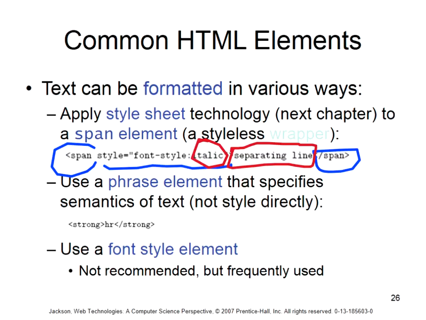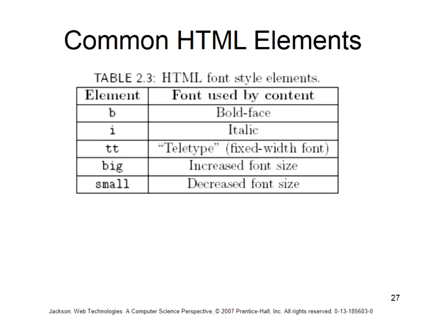Okay. We can use a phrase element that specifies semantics of text. For example, strong is a semantic tag, so we can use this semantic tag to format our text. We can use a font style element, not recommended but frequently used. For example, we can use B to display the text in bold.